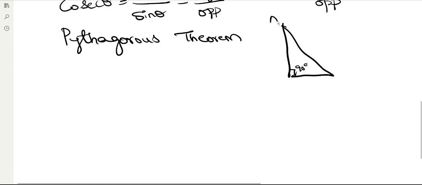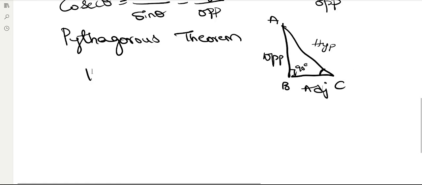Suppose consider this as A, this as B, and this as C, and let us consider the angles here. The hypotenuse is the side opposite to the 90 degrees angle, the one opposite to this angle is AB, so this would be the opposite side, and the other one would be the adjacent side.